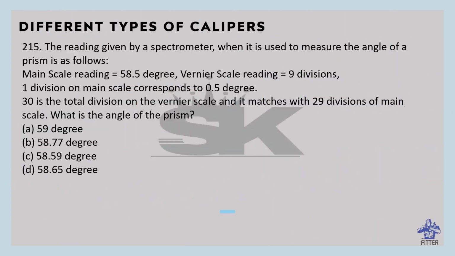The readings given by a spectrometer when it is used to measure the angle of a prism are as follows. Okay, so this is the given data. From this we have to calculate the angle of the prism, right? So here one vernier scale division equals to 29 by 30 main scale divisions.